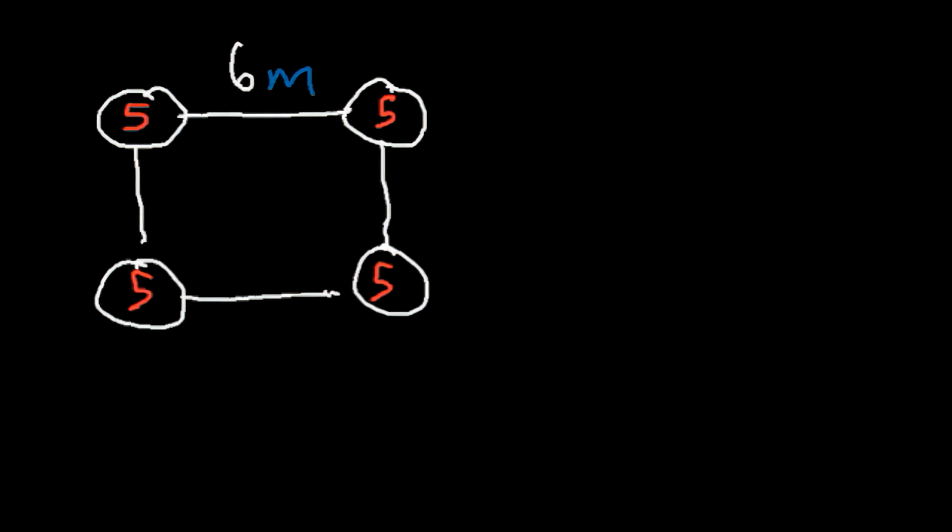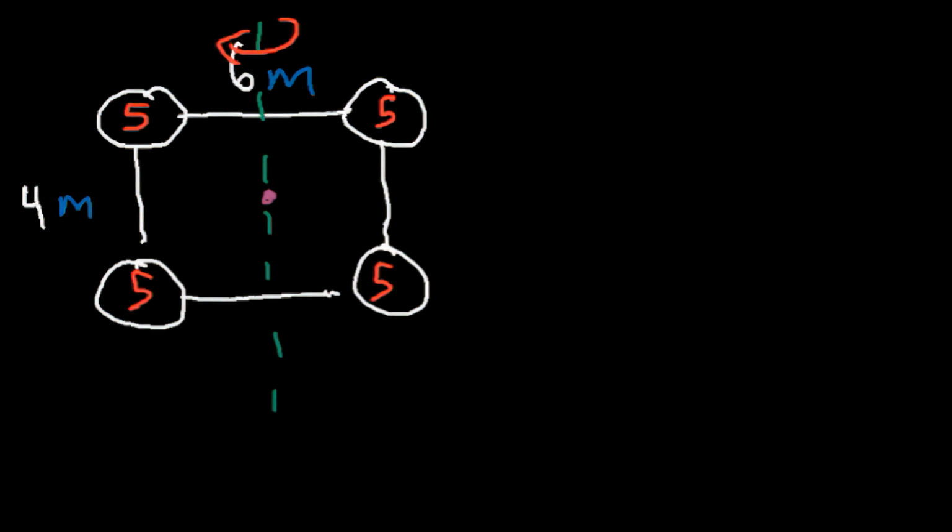And the distance between the two 5 kilogram objects on the left side is 4 meters. Calculate the inertia of the system if the axis of rotation passes through the center of mass. Feel free to pause the video as you work out this example.